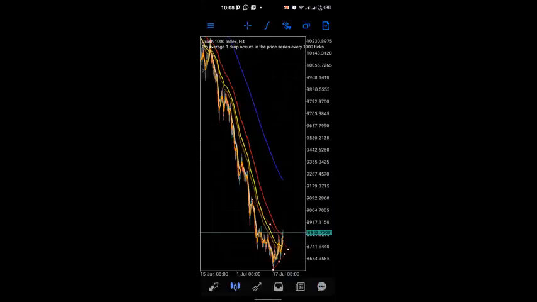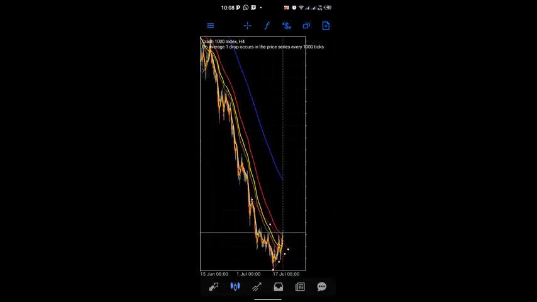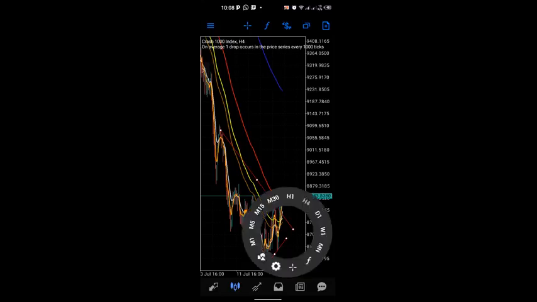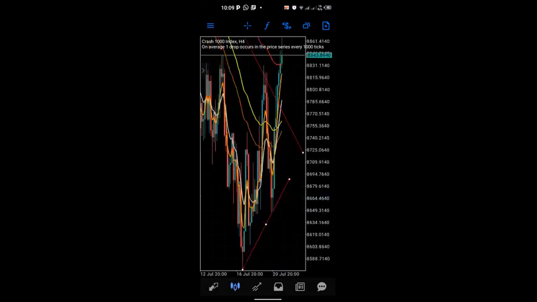Let me zoom out a little. Now, when I zoom out, you realize that the white and the orange moving averages have already crossed themselves.